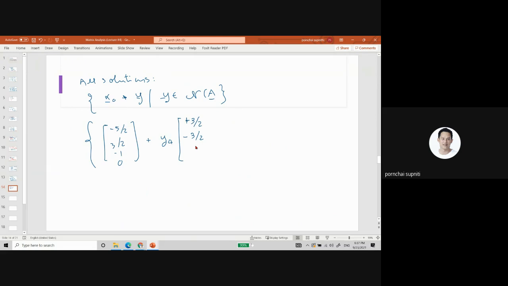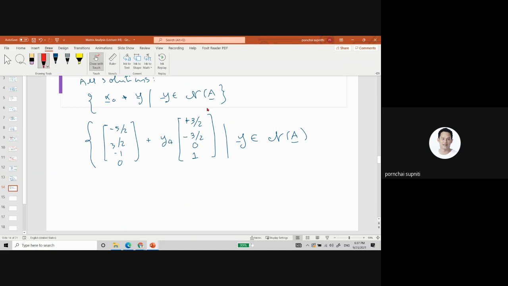And then y3 is all 0, so you can multiply y4 with 0, no problem. And then the last one, which is y4, you have 1. And this is y in the null space of matrix A. And that's it. So that's the solution for this problem.